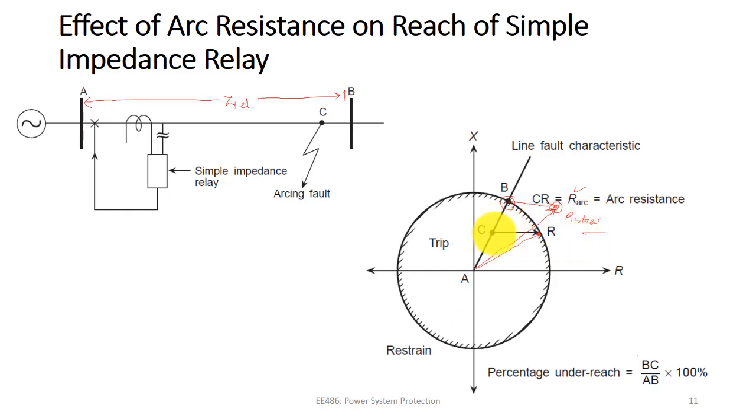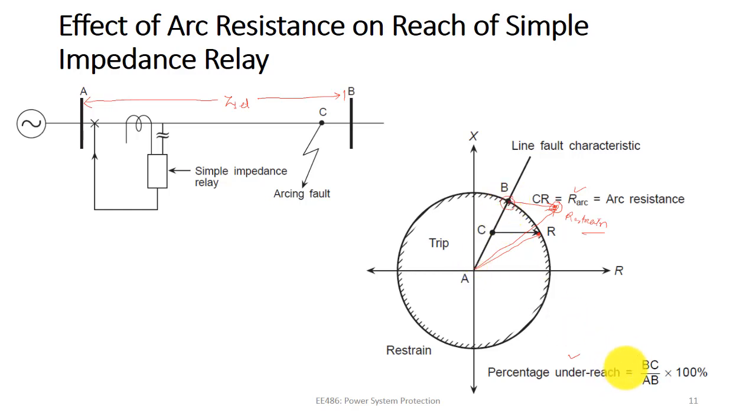So that means it will restrain, right? As we are considering the fault point at C, it is exactly at the verge of operation. That means your relay is under reach by the distance BC, right? So if we calculate the percentage under reach, your relay is under reach by BC, and your actual reach is AB, which is the set point.